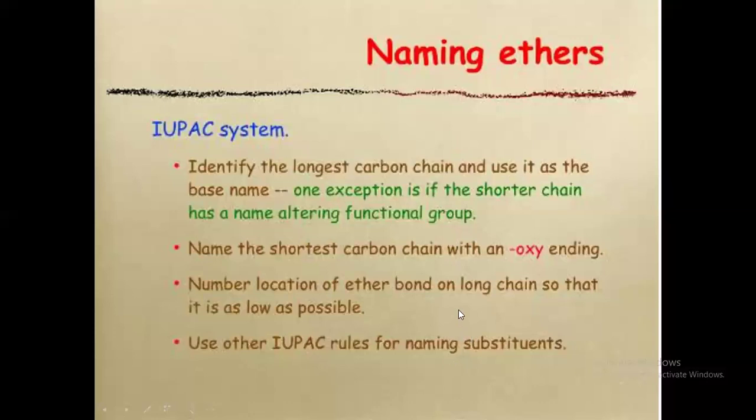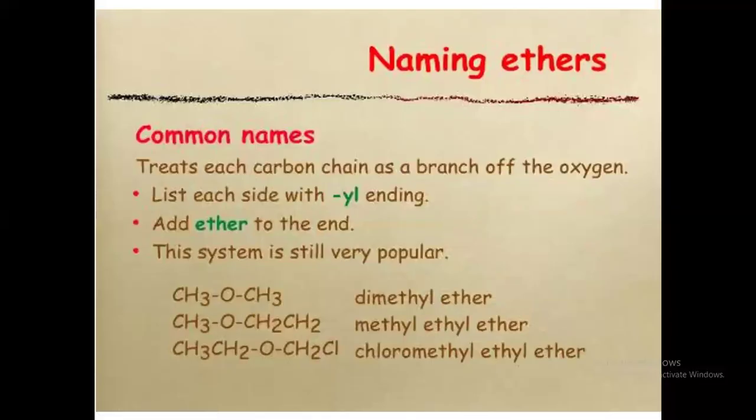What we just looked at is when you name the alkyl groups followed by ether. You can also name them by naming the shortest carbon chain with an oxy ending. If I go back here, what we are saying is that if you look at this one in the middle, this is CH3O. This is the smaller one.